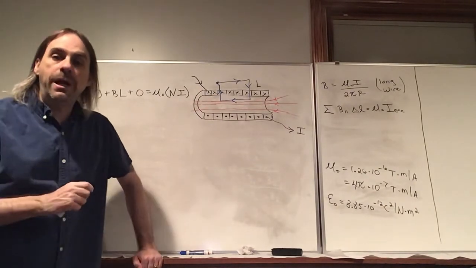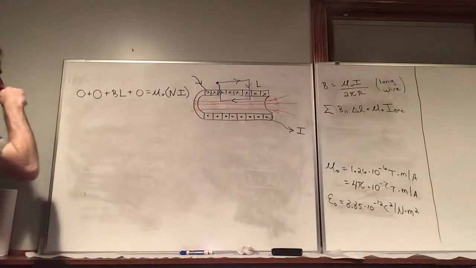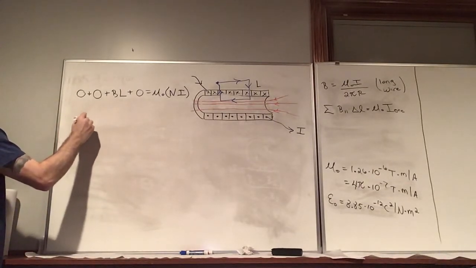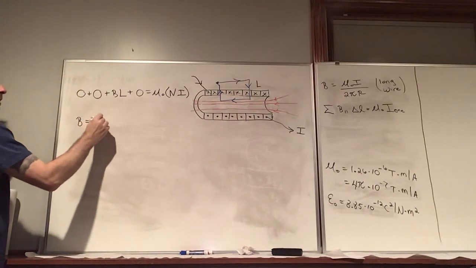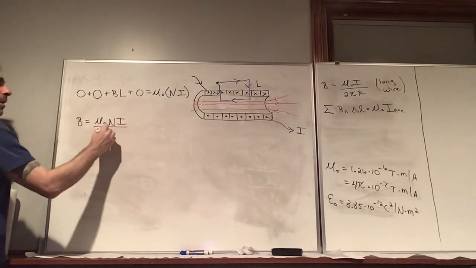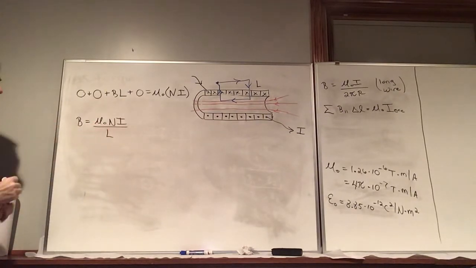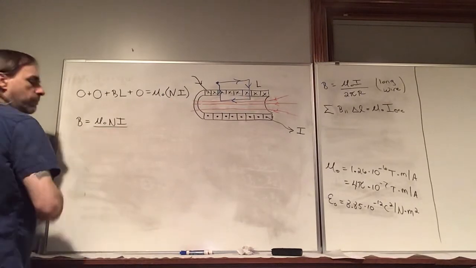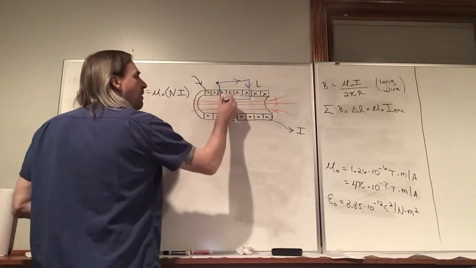Okay. So now let's solve this. B is equal to mu naught N I over L. Let's call this W like before.